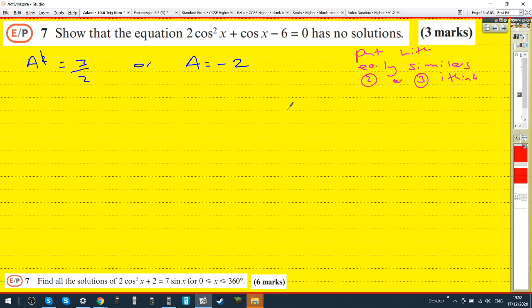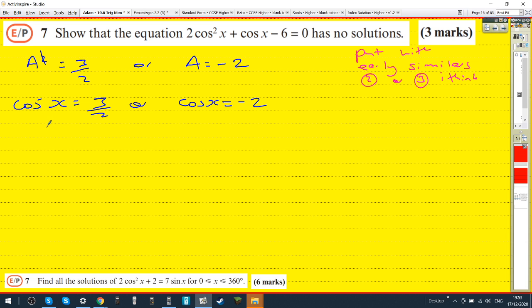Okay. And then you convert it back to cos x. Cos x equals 3 over 2, or cos x equals minus 2. Then you do inverse cos on both sides. Yep. So the first one's a math error.